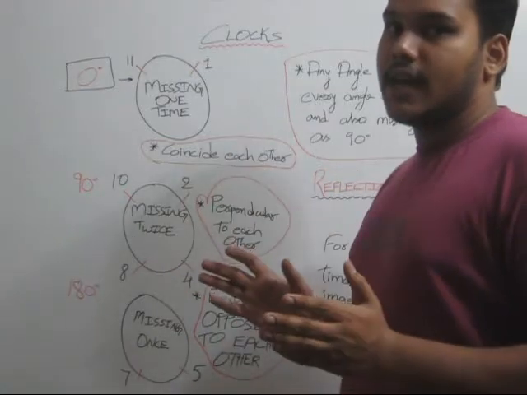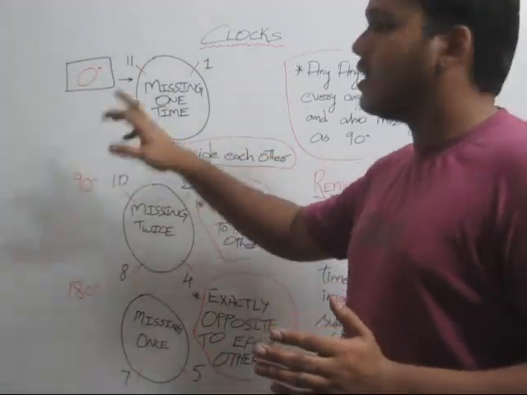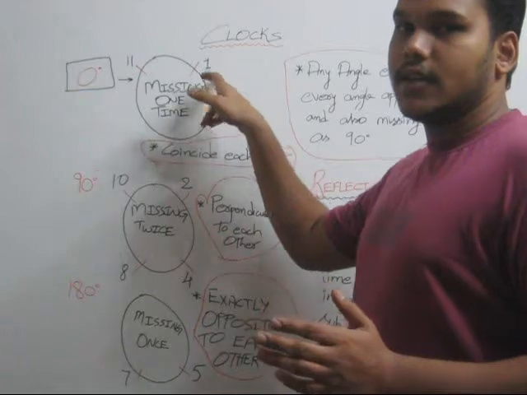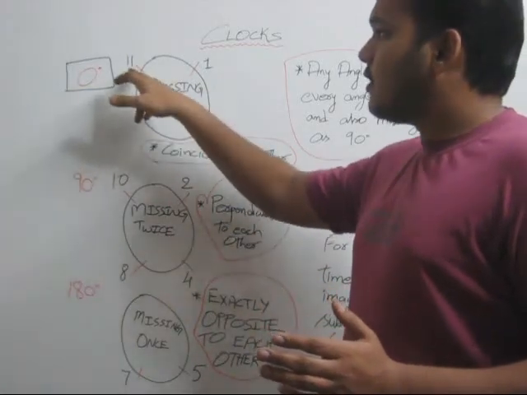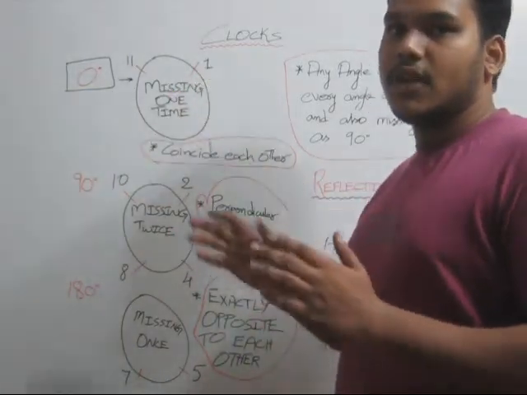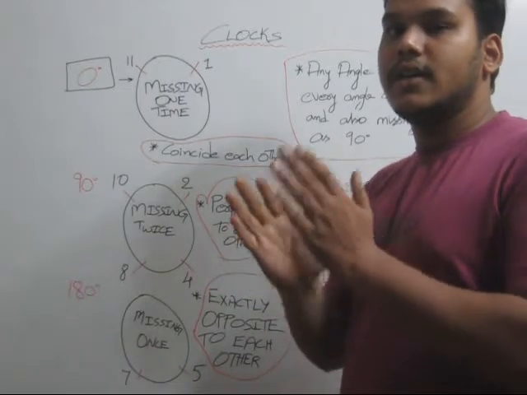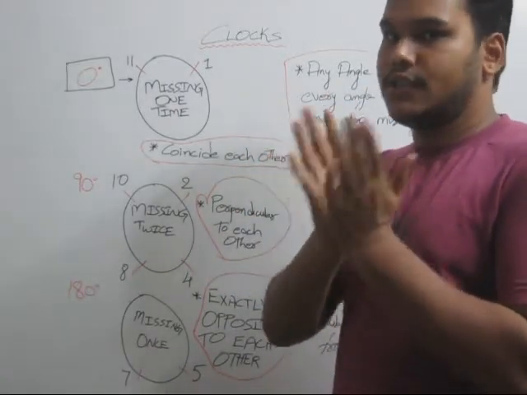The missing time for 0 degrees would be between 11 to 1. This means that between 11 to 1 in the clock we cannot observe the angle between the hour hand and minute hand as 0 degrees.